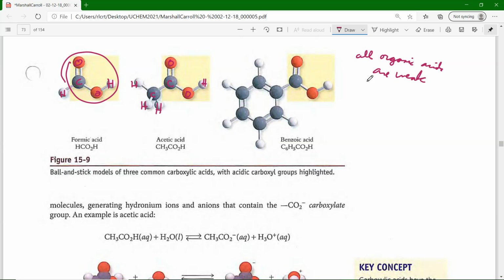Okay, they're all weak acids. But to some extent, you'll get a chopping of the bond here, and the proton from acetic acid will run away. Here's benzoic acid. You got this benzene ring with a carboxylic acid group, and there you get the break, and you get the proton released in benzoic acid.